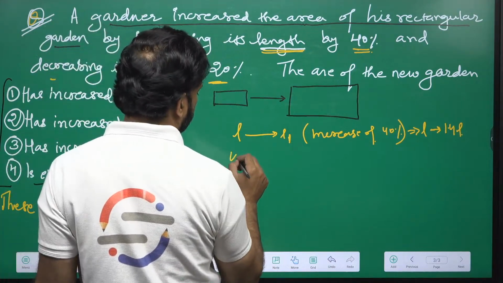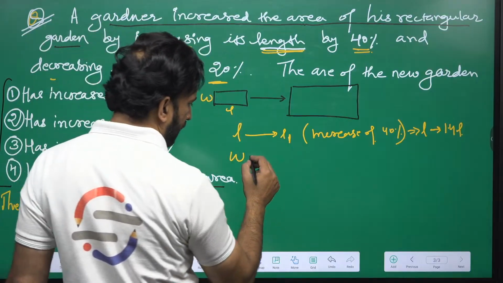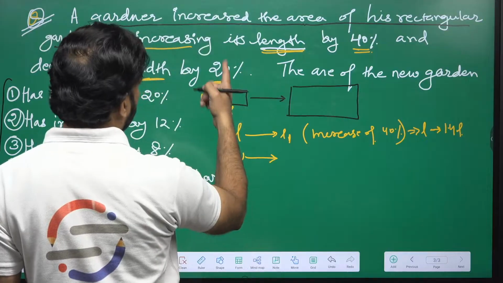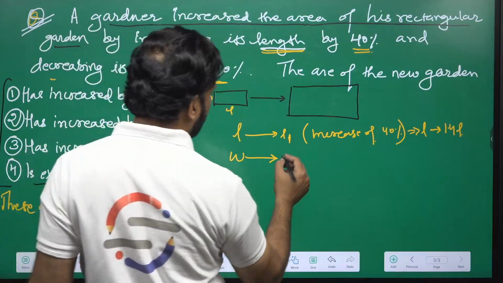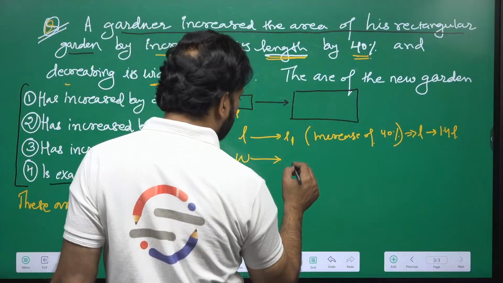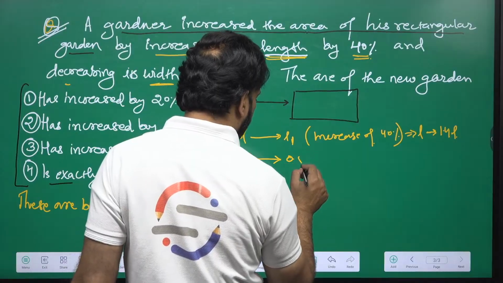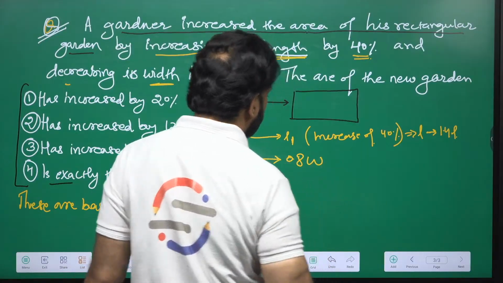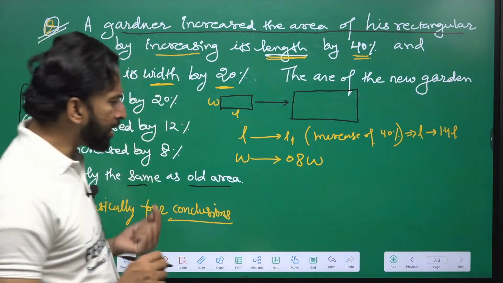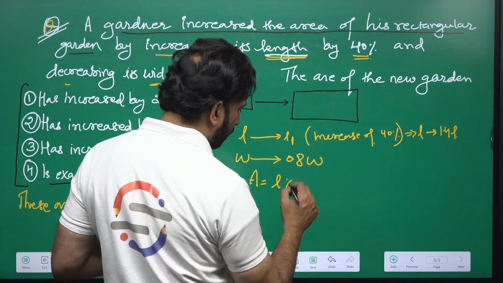The width, or breadth, is decreased by 20%. It means it is 0.8 of the original width, right?